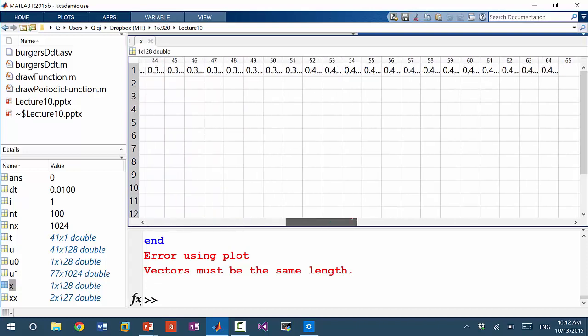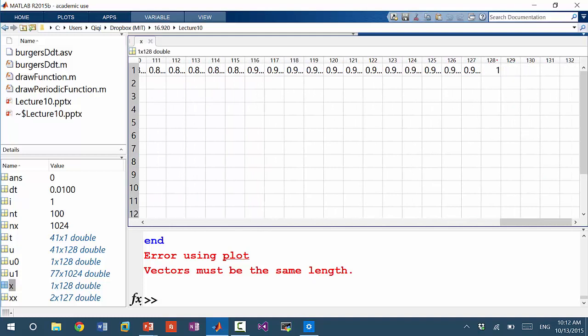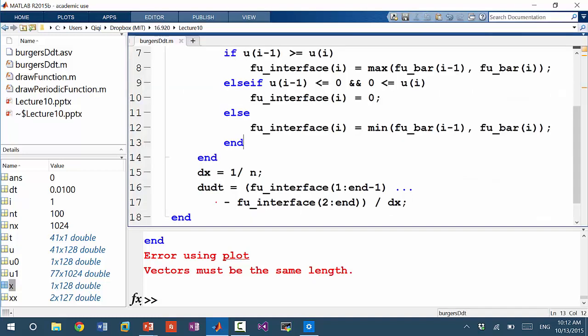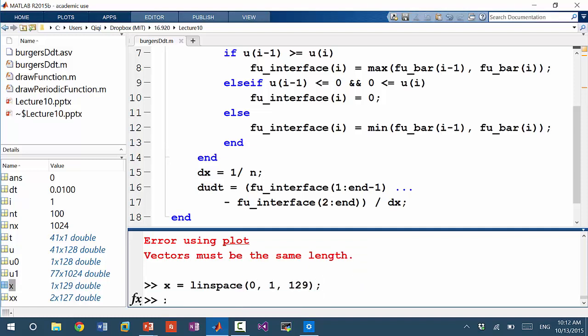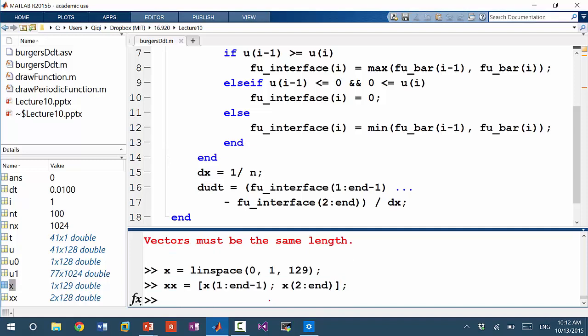It starts at 0 and ends at 1. So let me recompute, my x is going to be linspace of 0, 1, and 129. Okay, let me do that. So x is equal to that. Okay, so now I think it's going to work.